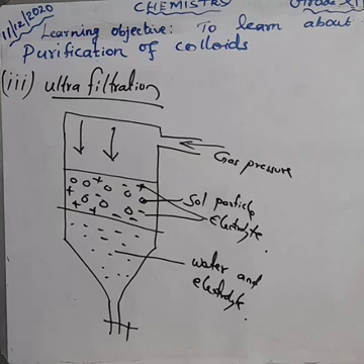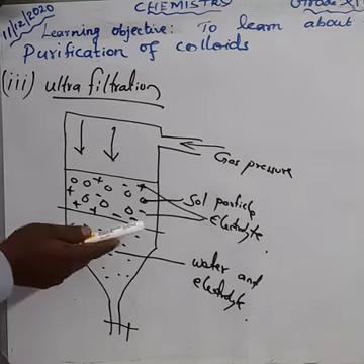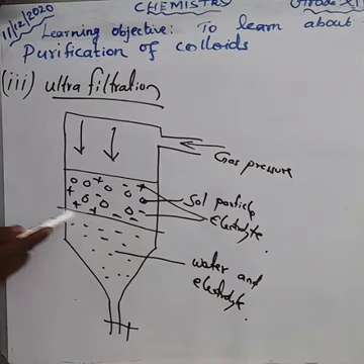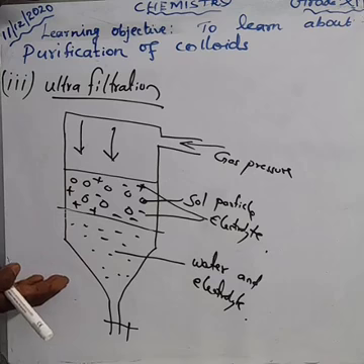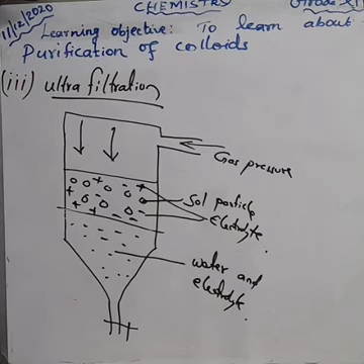When the colloidal solution is filtered using such a filter, maybe a cellophane seal, the colloidal particles are separated. Here we have the filter, and the impurities are removed by washing.